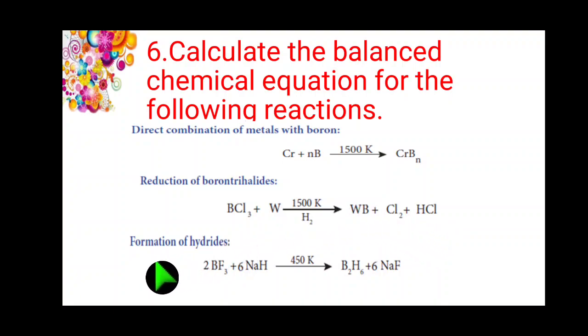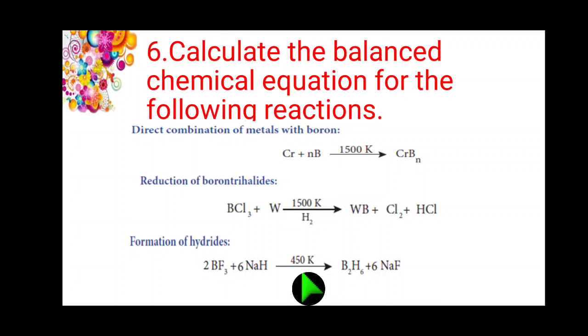Next, third, formation of hydride. Boron forms hydride form. So B2H6 is diborane. Boron does not react directly with the hydrogen. If you want to prepare the diborane, the boron does not react directly with the hydrogen.